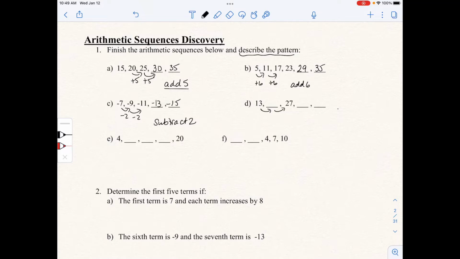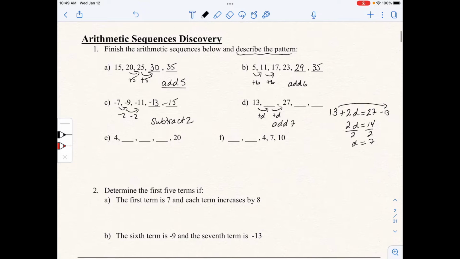To get from 13, we would be adding two differences to get to 27. 13 plus some difference plus another difference would give us 27. So I'm going to subtract 13 from both sides, and we get 2D is 14. So our difference there would be 7. So add 7 is our difference.